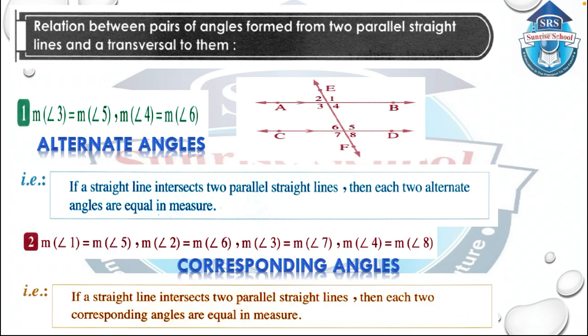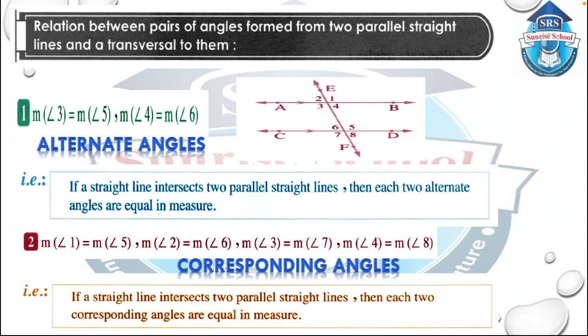Second, the corresponding angles will be equal. Where are our corresponding angles? We said that the corresponding angles will be on the same side: 1 and 5, 2 and 6, 3 and 7, 4 and 8. All of them are corresponding angles. Each two pair are equal.